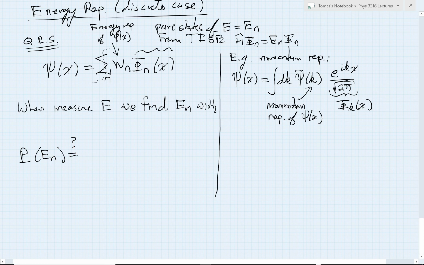Well, if we're at all rusty about what that should be, we can simply look at our momentum representation that we're very familiar with. You will remember that if we measure momentum, the probability of getting any momentum is just literally the square of the associated weights, modulo squared, from my superposition. So I would expect this probability should be directly related to the modulo squared of my weights.